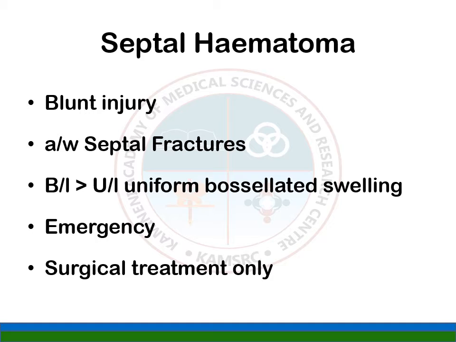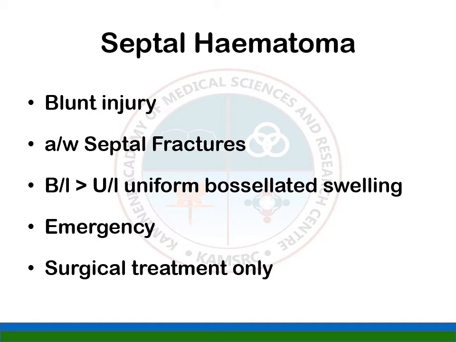What happens whenever there is a fracture or a blunt injury? There will be a tear within the perichondrium. The blood will separate the perichondrium from the cartilage, usually seen on both sides. Now, the cartilage is not receiving oxygen. What will happen? It will lead to necrosis.